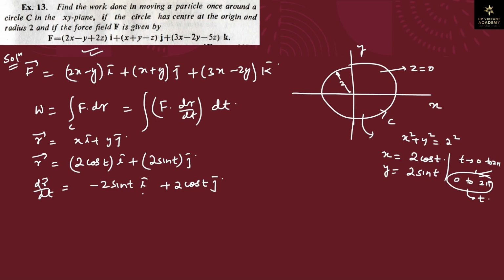Now we can place the values in this expression. Let us place x = 2 cos t and y = 2 sin t.